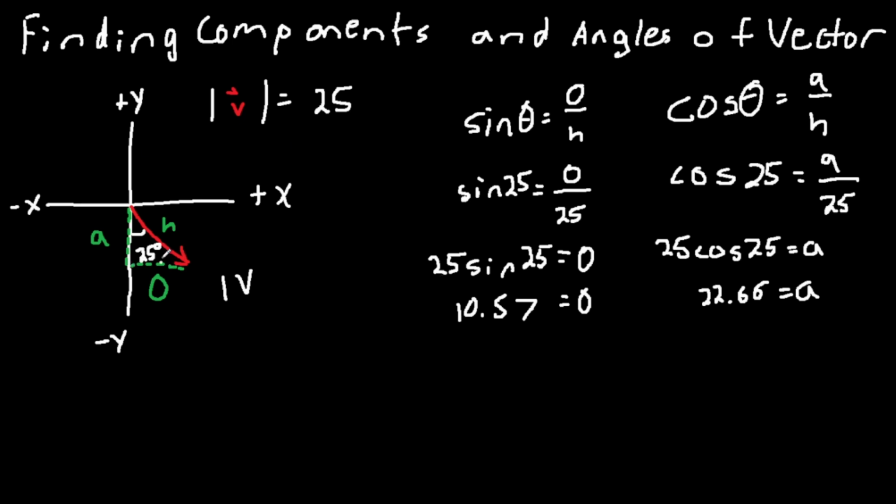Now the opposite value is the x-axis, or the x value. Let's mark this down for now. So, the opposite value is 10.57, right over here. And that means, since we are in quadrant 4, the x values are positive, so the v of x value is 10.57.